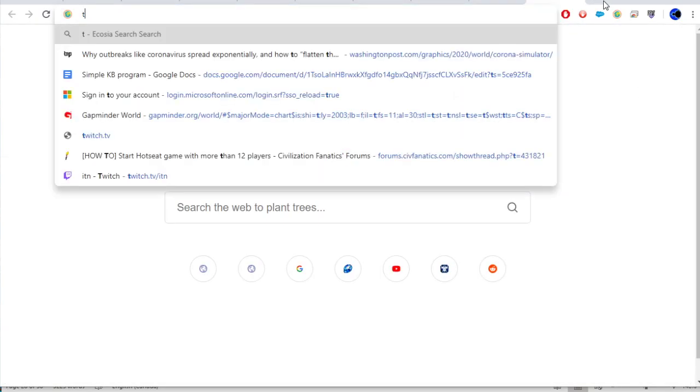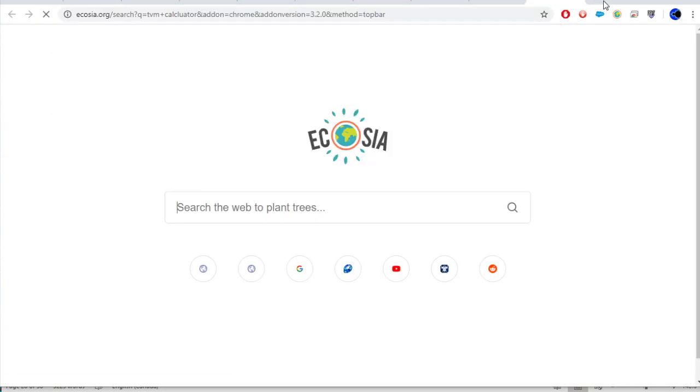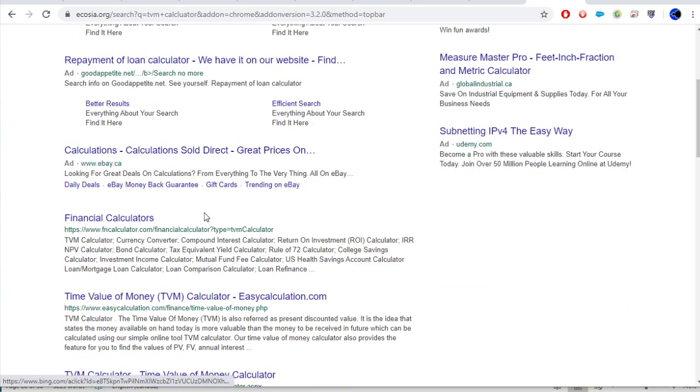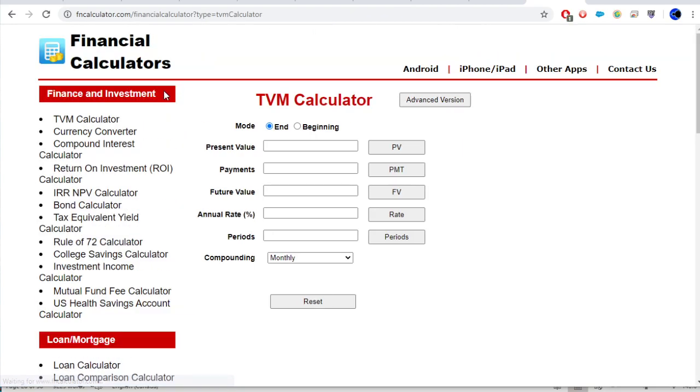And to do this, I'm just going to Google TVM calculator, and the one I want is financialcalculator.com. Yeah, this is it. Now, there's an app on your phone that has this exact icon. I have it on mine because I taught this last semester.